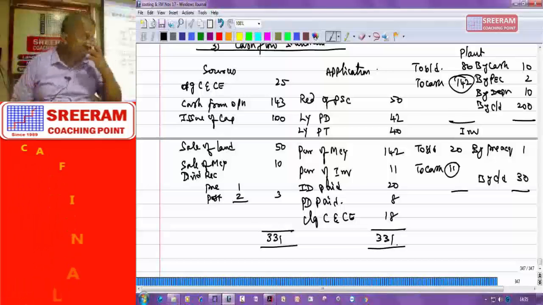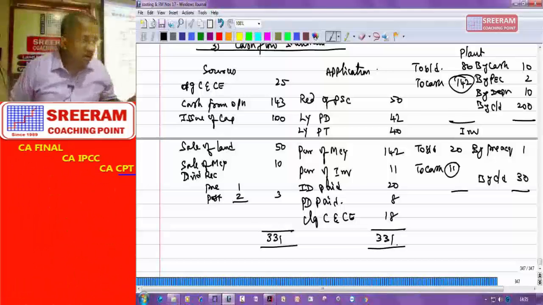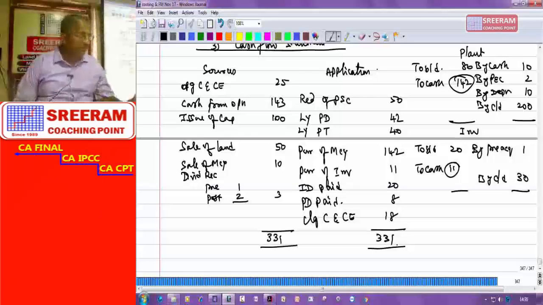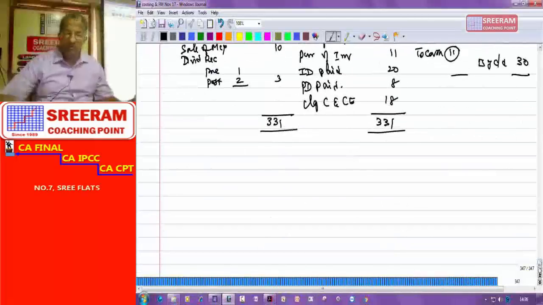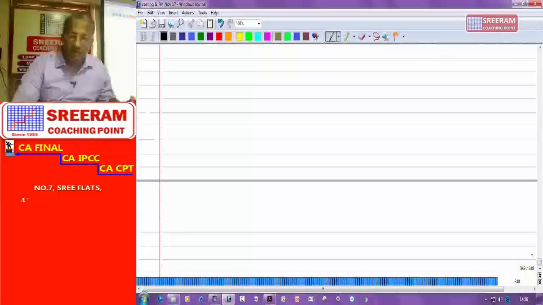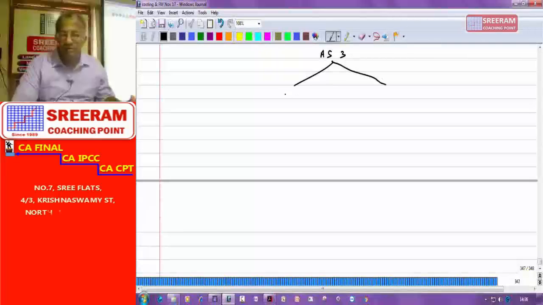What I will do is that I would like to take up this under AS3. Okay. Because that is what it is mainly indicated. So in AS3 there are 2 formats that you have. One is direct method. The other one is indirect method.